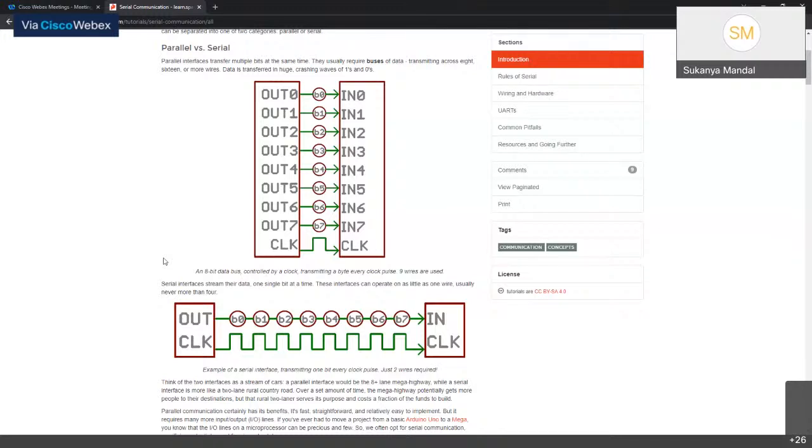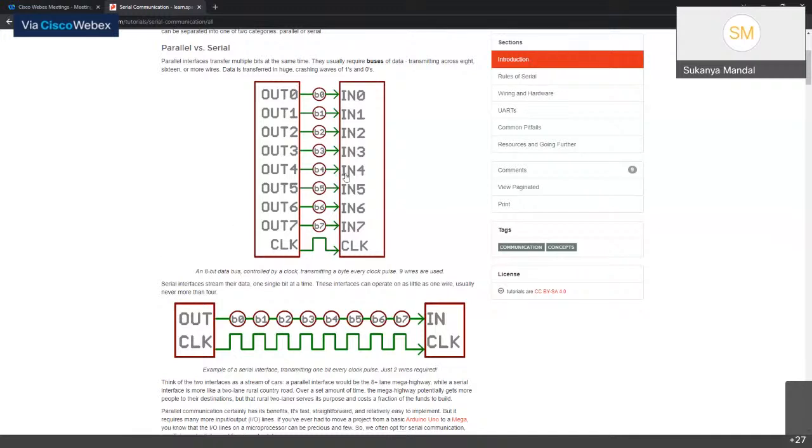A parallel interface basically transfers bits all at the same time, and parallel interfaces usually require buses of data transmitting across either 8, 16 or more wires. Of course, in parallel communication, data is transferred in huge amounts and is generally binary, in the waves of 0 and 1.